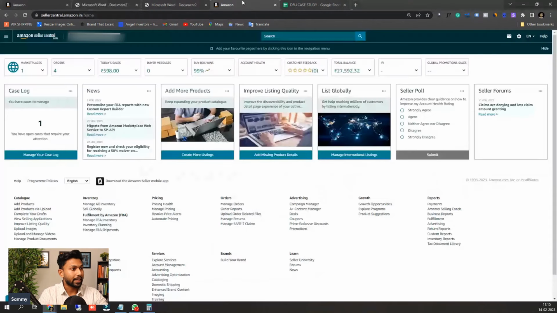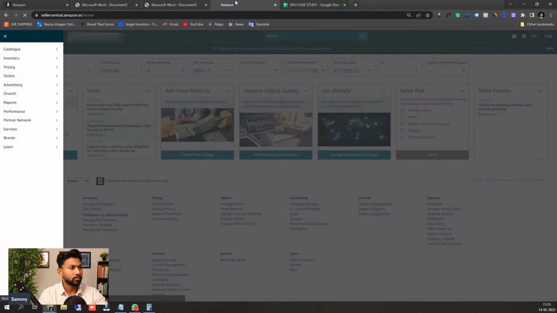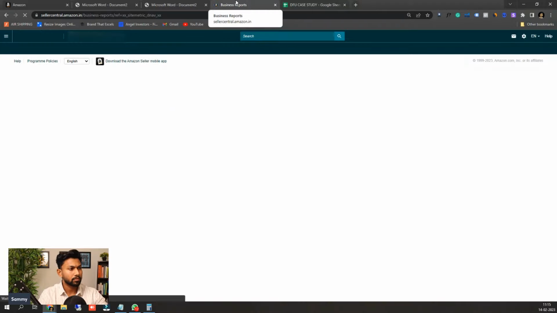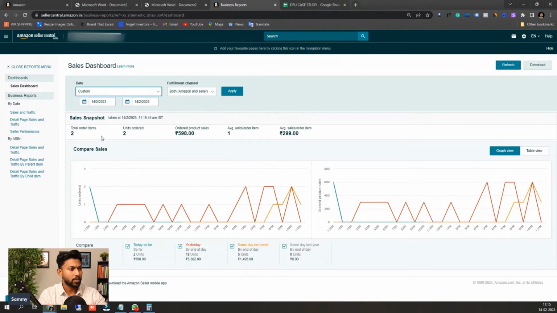Now how we can get it is, let me just open their business report and see how many units were sold during the January period. Here you can change the date range.